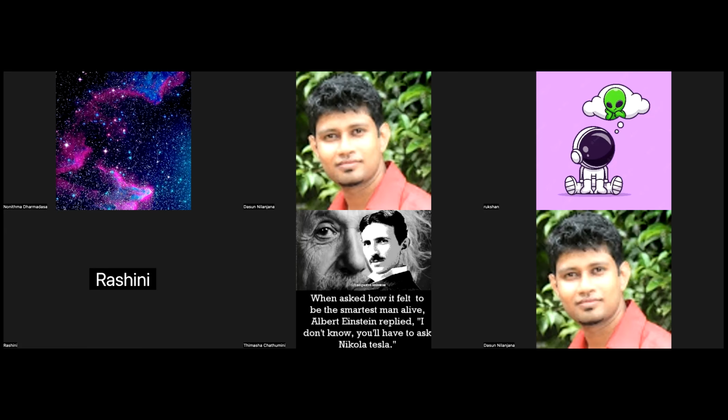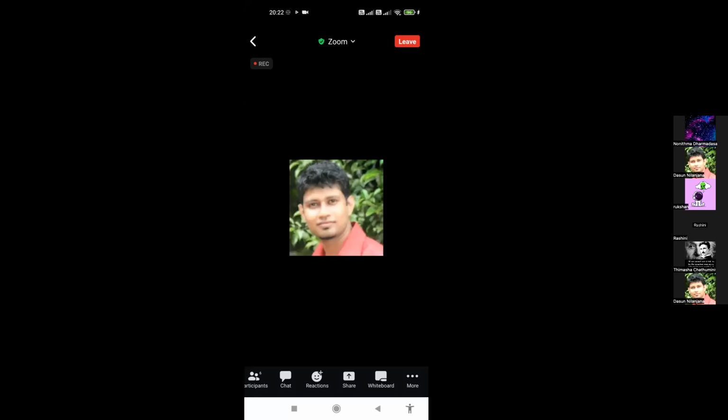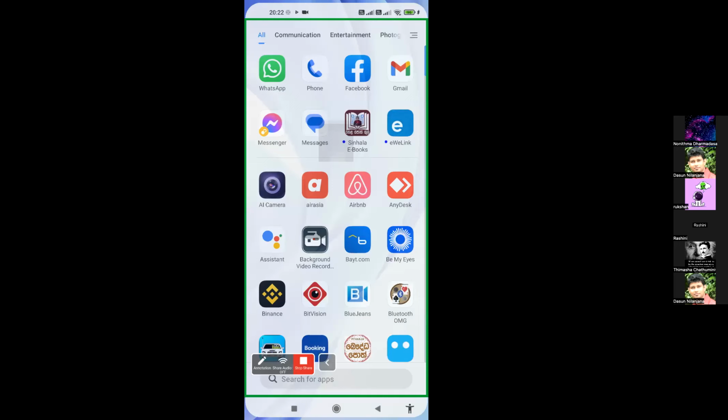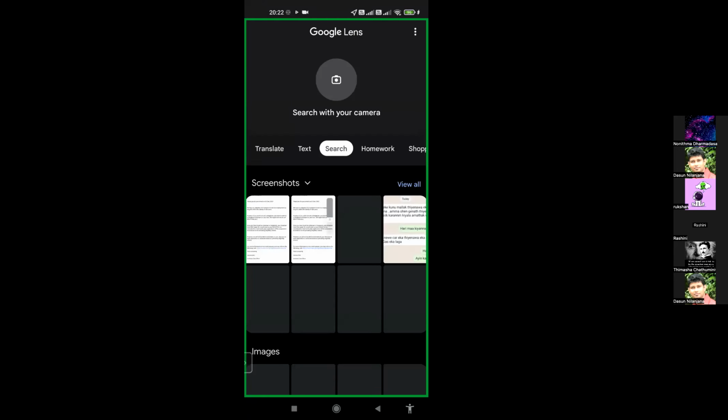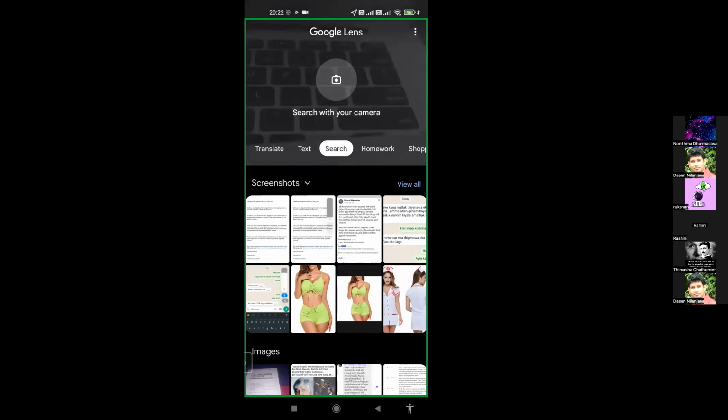Here, see this. I'm sharing my mobile phone screen, and then I'm accessing Lens. This is Google Lens. Let's see, translate.